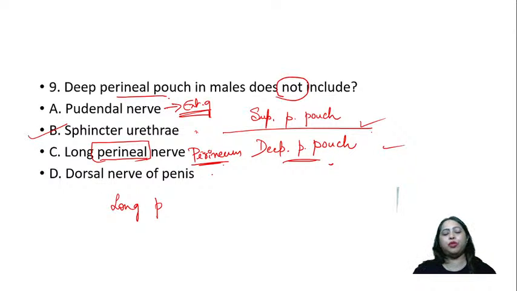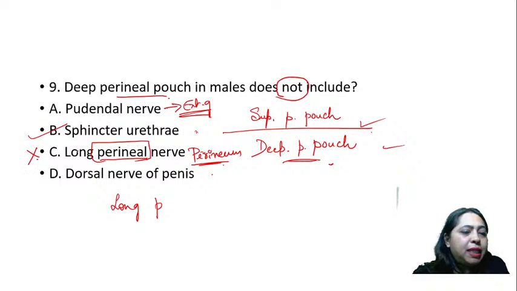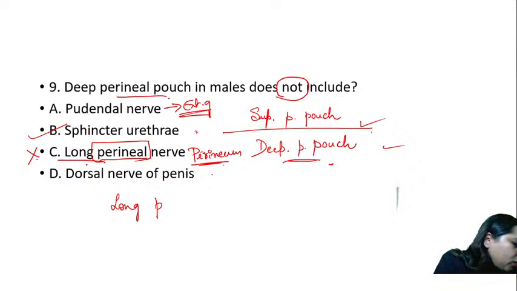There is the superficial and deep perineal nerve, that is what they're talking about. So this is not a part of this one. There is a mistake in this, and the answer is C. So I hope you all are realizing what I'm talking about.